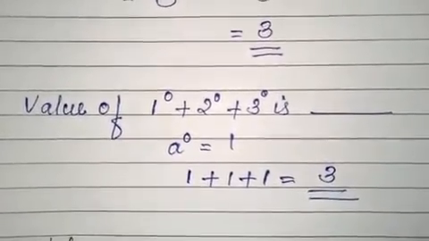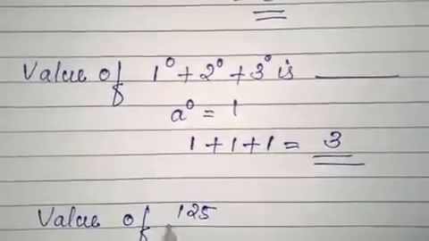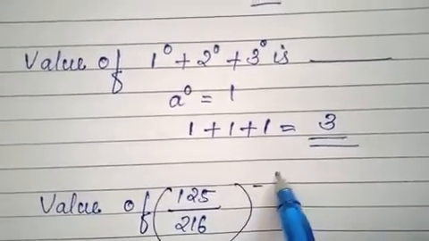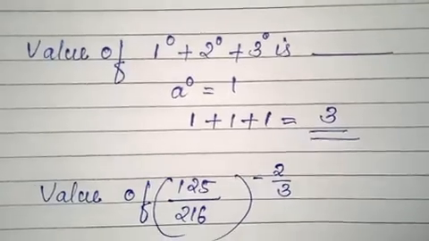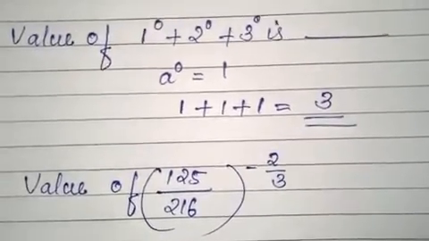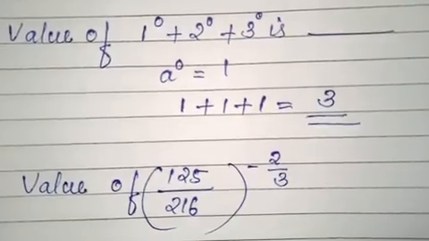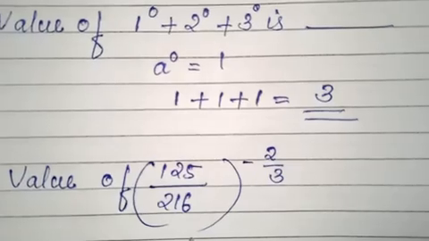And the next question is seventh one. Value of (125/216) raised to the power negative 2/3. In this case the power is negative, is it? So we should take the reciprocal of 125 divided by 216.